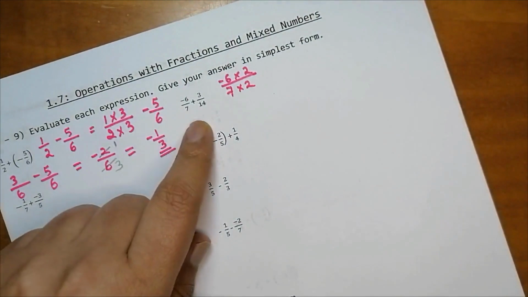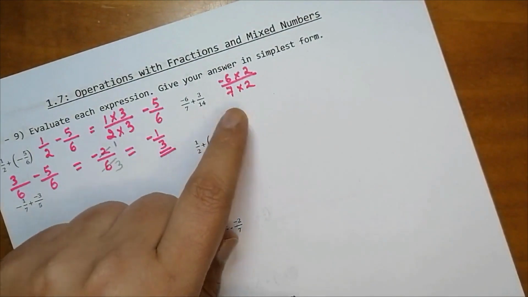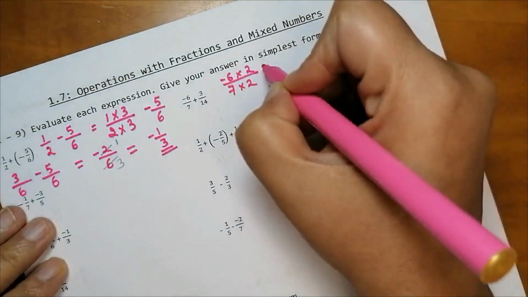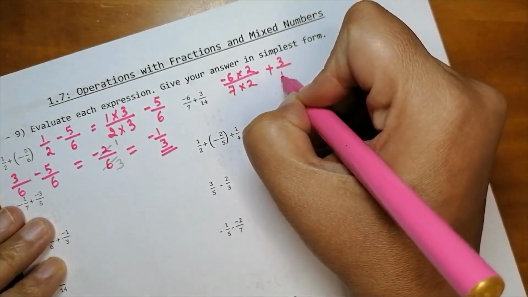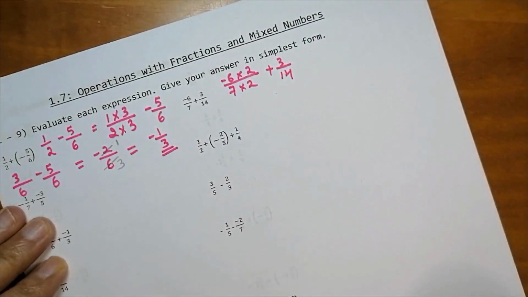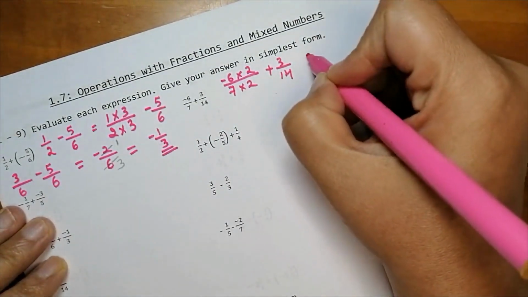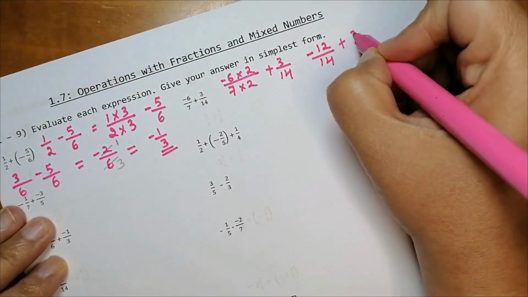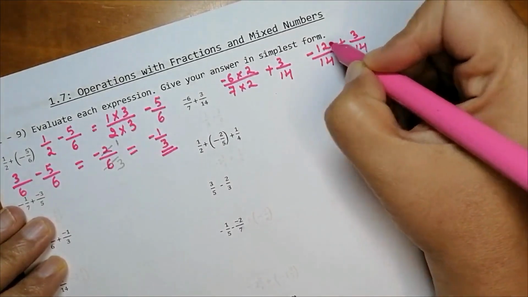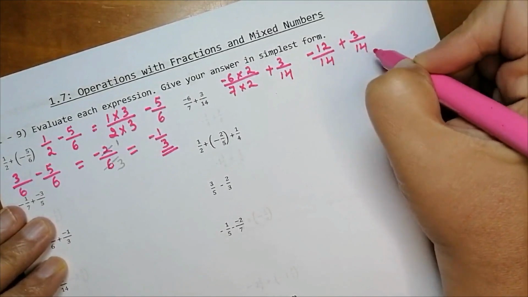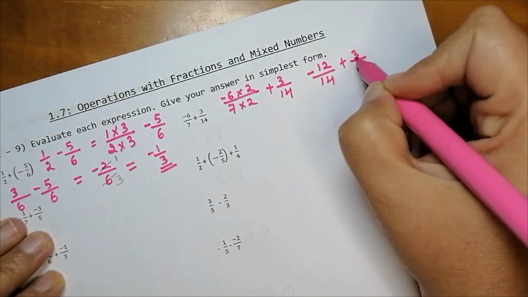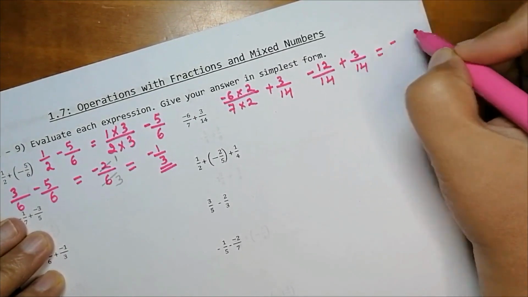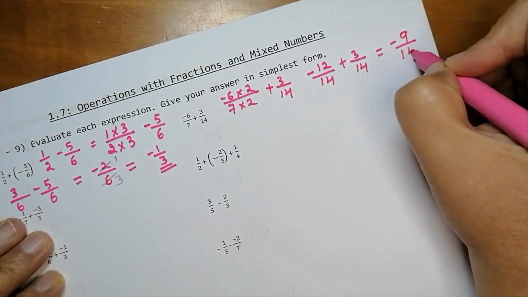We're making denominator 14. For that we're multiplying with 2, and therefore we also have to multiply in the numerator. Plus 3 over 14 as it is, right? So this is minus 12 over 14 plus 3 over 14, right? So denominators are same now, so you can do this operation. So this is minus 12 and plus 3, which is minus 9 over 14.